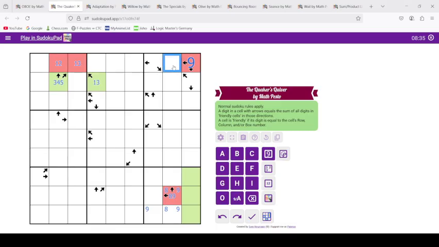If this were a friendly cell, it would either be a 1 or a 3 for the box. Couldn't be an 8, because one of those two is an 8. And also, this would just count way too much.